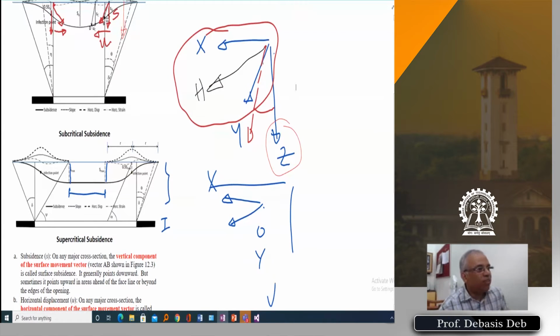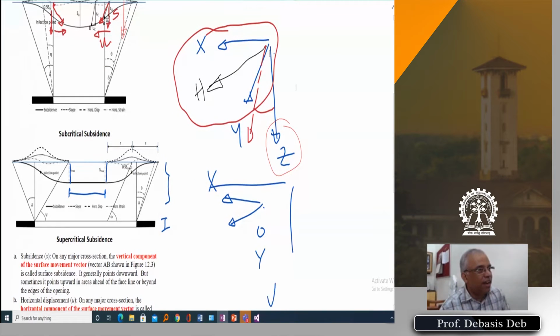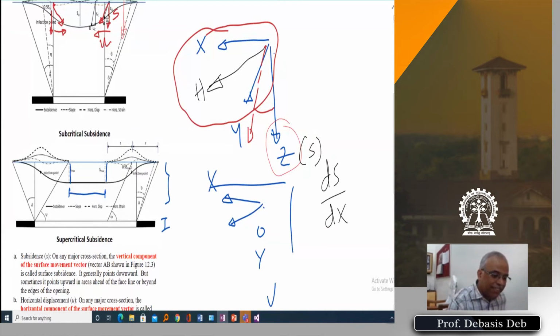So now, if I take along this line, and let's say this is the line X, and along this line, if I now take the derivative of Z, that means the S, that is the displacement S, now, if I take ds/dx, that will be the slope.